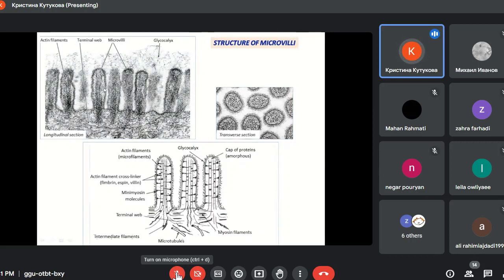If we make the cross-section of microvilli, this is what we will see: transverse section, membrane covered with glycocalyx. Inside we have cytoplasm with actin microfilaments. Each actin microfilament here is cross-sected and looks like one small black dot.